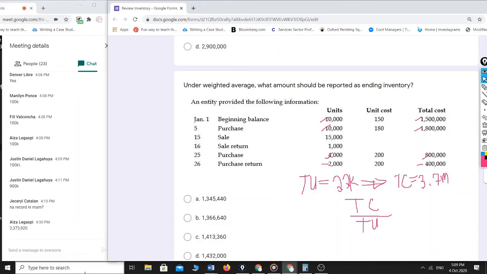Kay kung dili nato makompute ang sakto nga average cost, then our weighted average, our amount for our ending inventory is not correct also. This is the first step that we need to know in order to compute the ending inventory using the weighted average. Okay, so that is correct. Our average cost is 168.18.